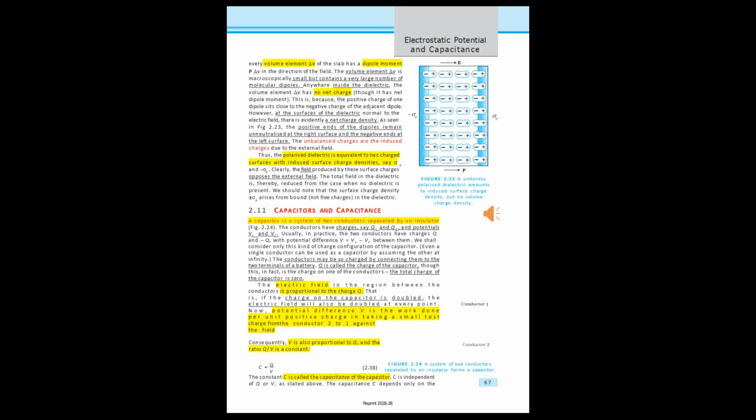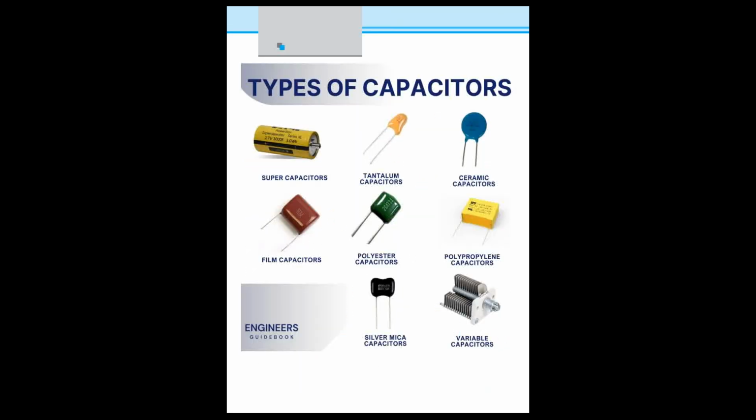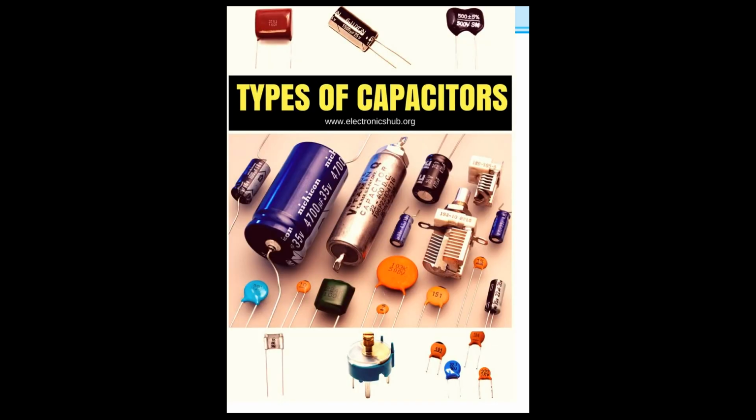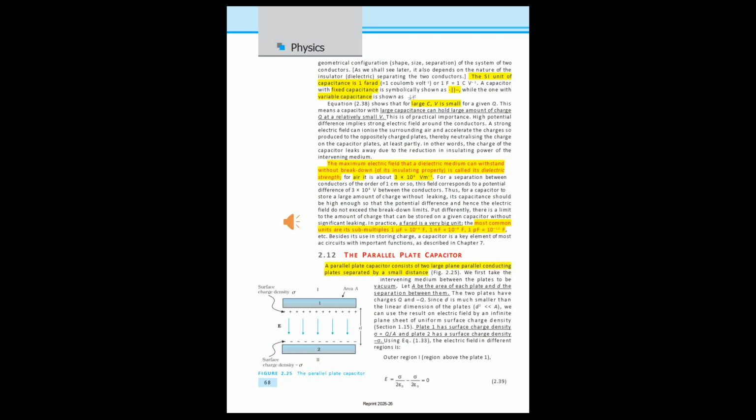The capacitance C depends only on the geometrical configuration (shape, size, separation) of the system of two conductors.